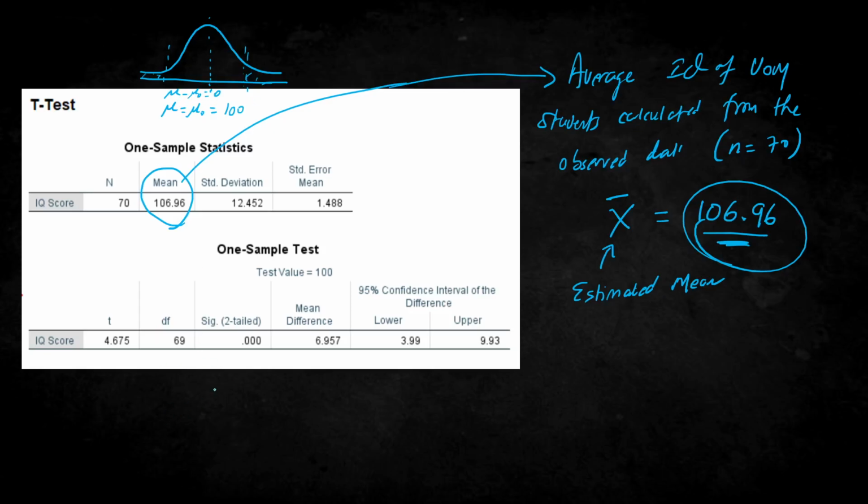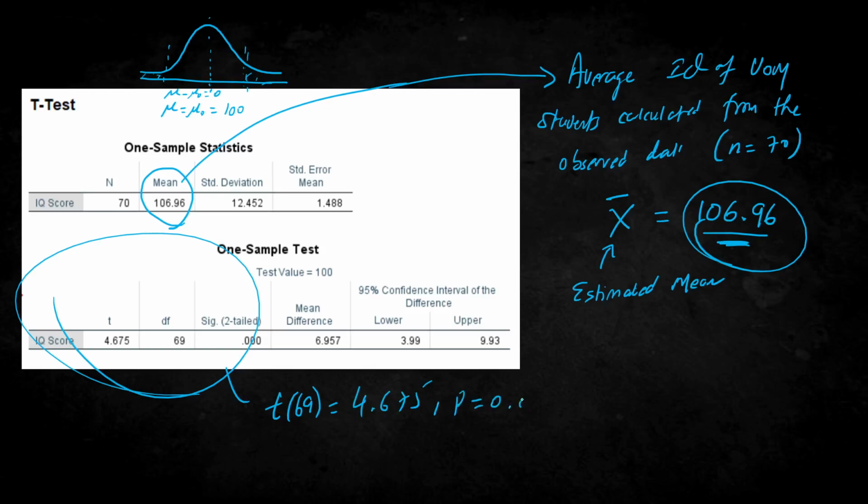Right? So that's the answer we try to find here. So what we get here is a t-statistic with 69 degrees of freedom, which is 4.6, quite large, and a p-value of 0.000, less than 0.05. That's our significance level, as you know. Right. So at the end of the day, we can just look at this and interpret that, for those of you who don't want to go through the whole.